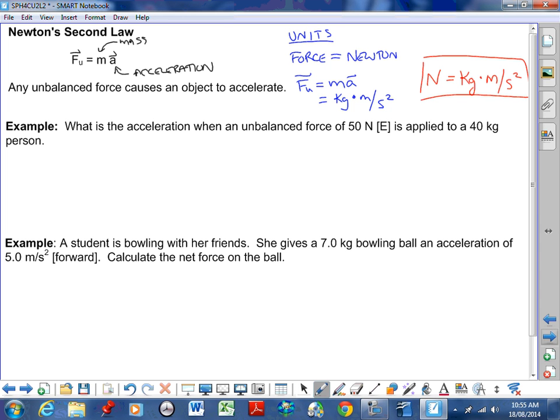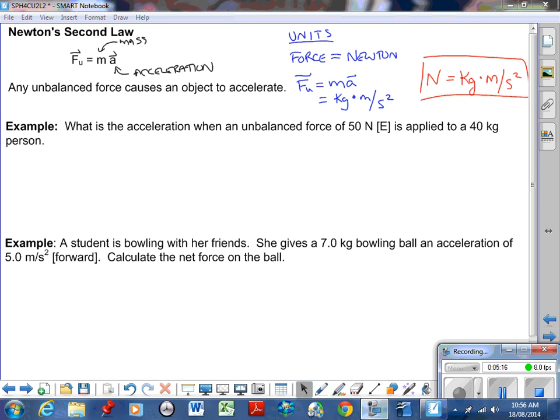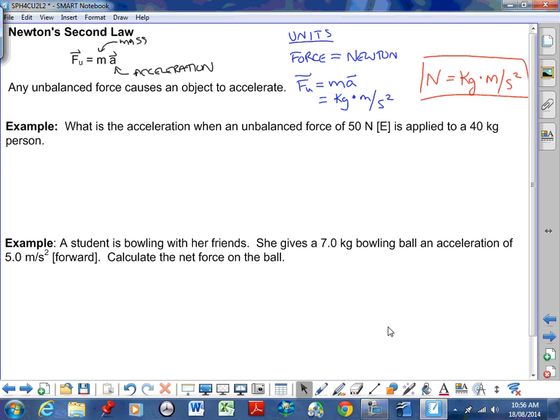So some examples. What is the acceleration when an unbalanced force of 50 newtons is applied to a 40 kilogram person? So we are dealing with Newton's second law. So we have F unbalanced equals ma. We know the unbalanced force is 50 newtons. Okay, so that may be applied to the bike, the wagon, whatever the person's in.